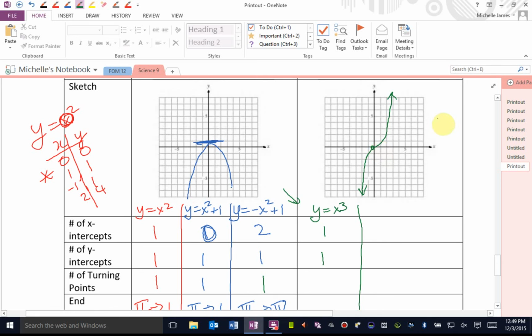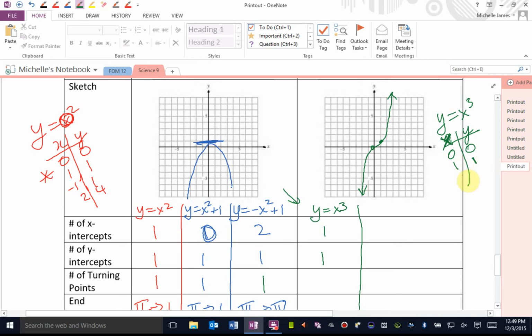Yeah. I can still generate ordered pairs, y equals x cubed. If I put in a 0 for my x value, 0 cubed is still 0. What's this ordered pair right here? Does it go exactly through 1 and 1? If I put x as 1, what's 1 cubed? 1. So I do have an ordered pair at 1 and 1.